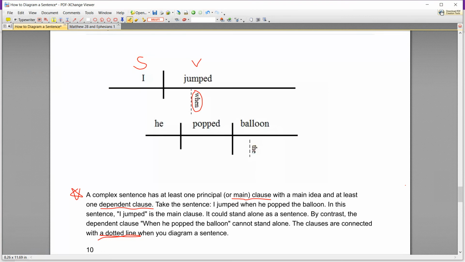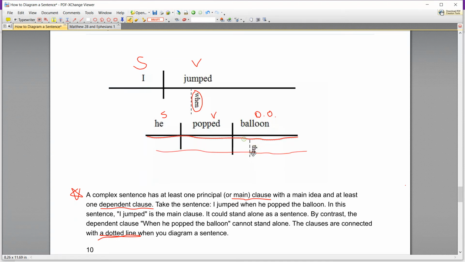I jumped when, and then this is another clause. He popped, direct object balloon. The balloon. So this is another mistake. This is not what I made, I just borrowed it from the internet.